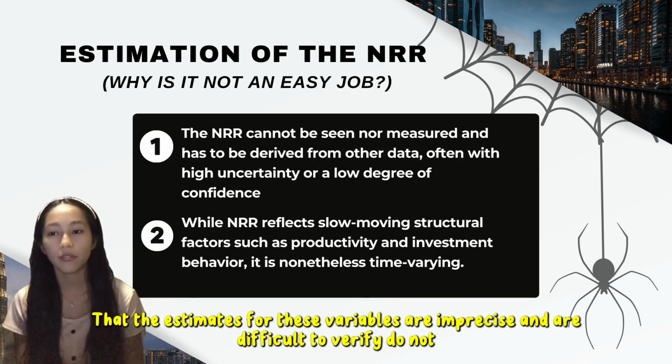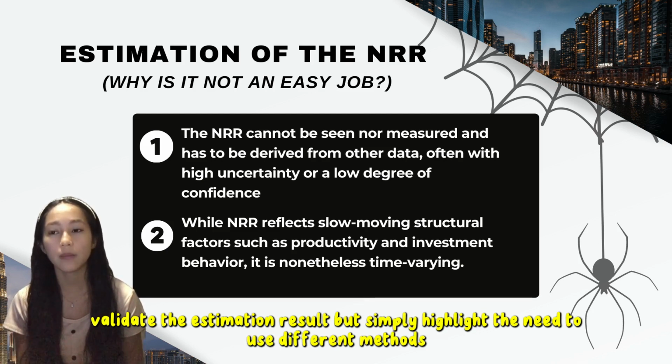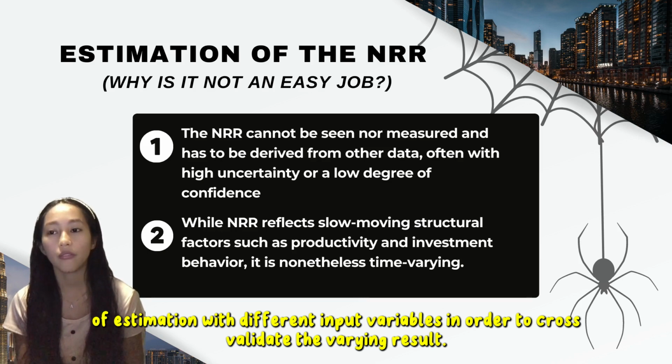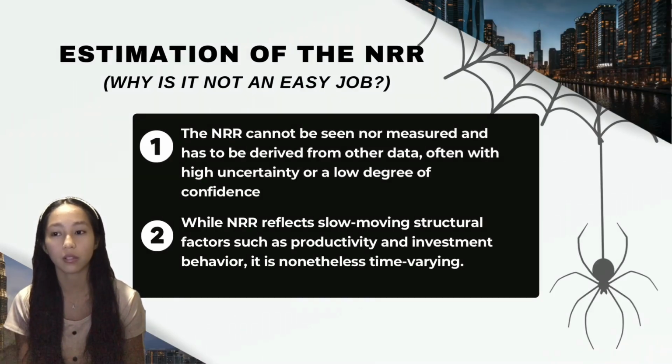That the estimates for these variables are imprecise and difficult to verify does not invalidate the estimation result, but simply highlights the need to use different methods of estimation with different input variables in order to cross-validate the varying results.